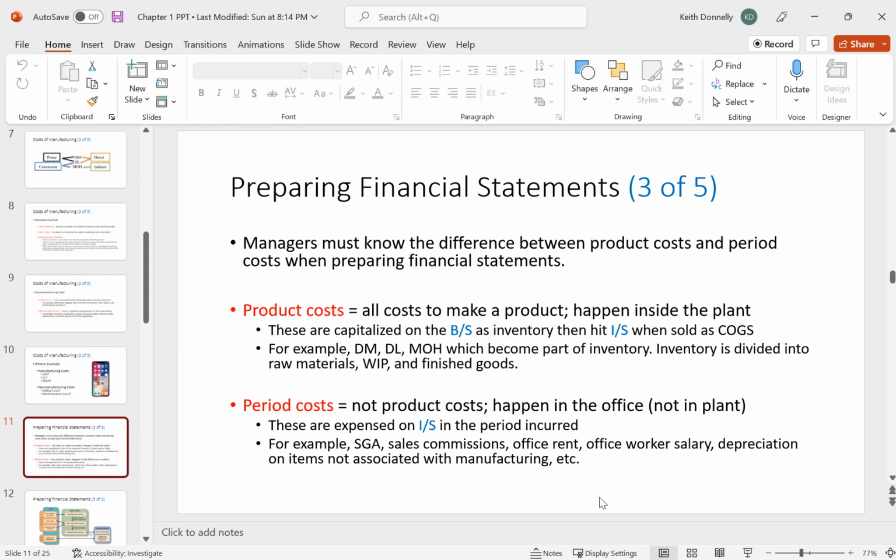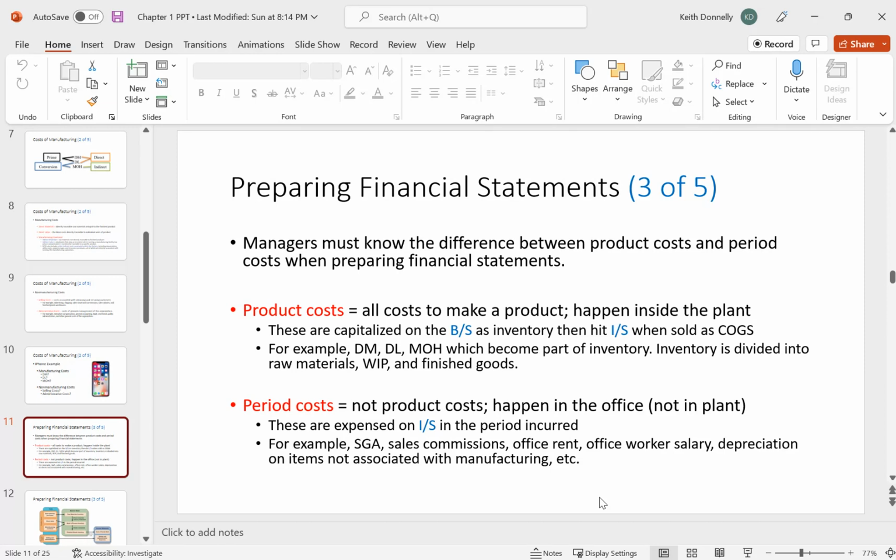So a third way we can classify costs, or purpose of cost classification, would be preparing financial statements, right? So if you remember in financial accounting, and I know maybe some of you took it a semester ago, maybe some of you took it 5 years ago, so I try to teach this in a way where it's understandable to everyone.